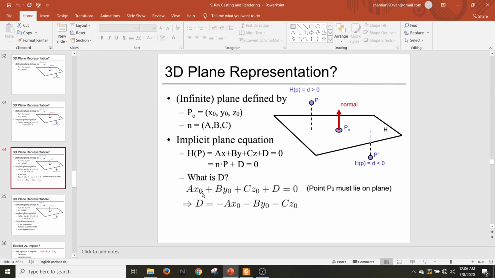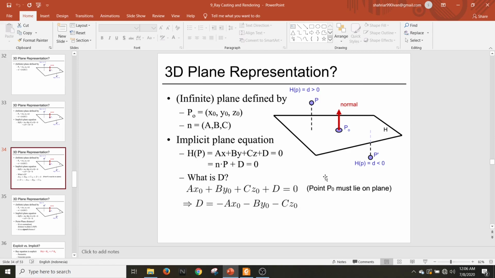And what is d? d can be found from ax0 plus by0 plus cz0 plus d equals 0. This should be equal to 0 because p0 lies on the plane itself, so putting p0 on the left hand side should result in the right hand side being equal to 0. So d should be equal to minus ax0 minus by0 minus cz0.